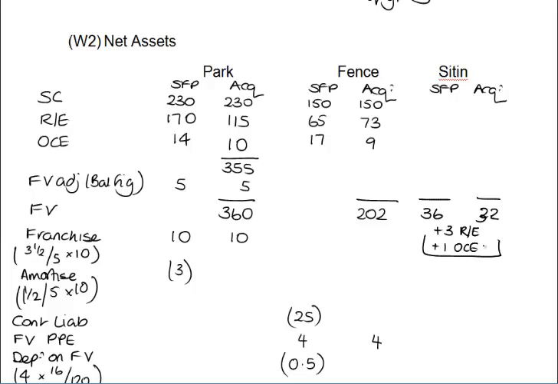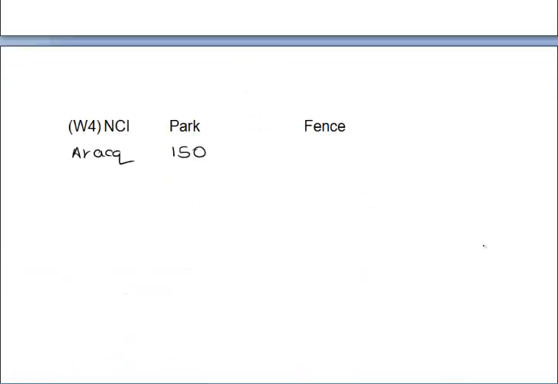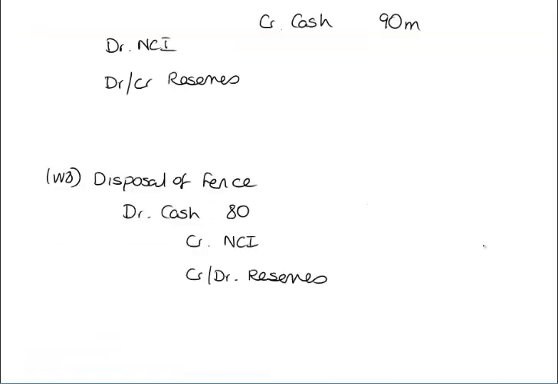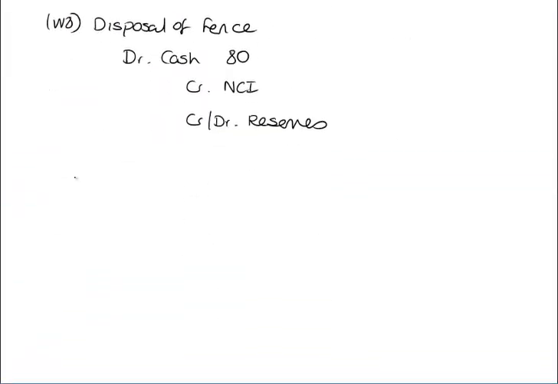The sale proceeds were 23 million. So that goes into our disposal calculation. So I'm going to have a new working here, working number 9, disposal of Sitin. And this is actually part A of the answer.